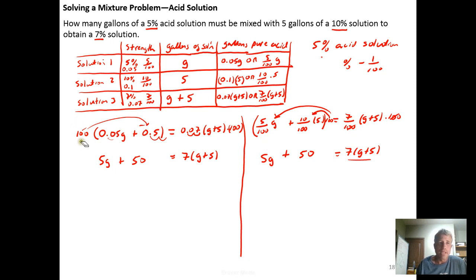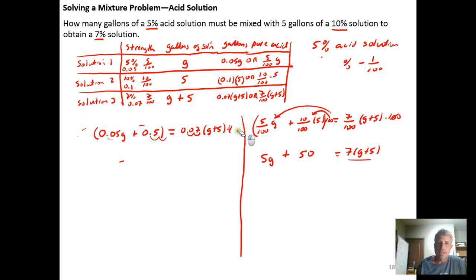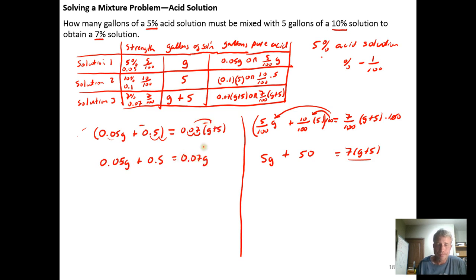But I think it was a little bit more obvious when we had it in fractional form to begin with. I think a common student approach when they see this setup, I just got rid of my bars, is actually going to be to just leave it in decimal form and grind it out. So you'll get 0.05 G plus 0.5 equals, now distribute the 0.07, plus 0.07 times 5 is going to be 0.35, and then maybe subtract 0.35 from both sides.